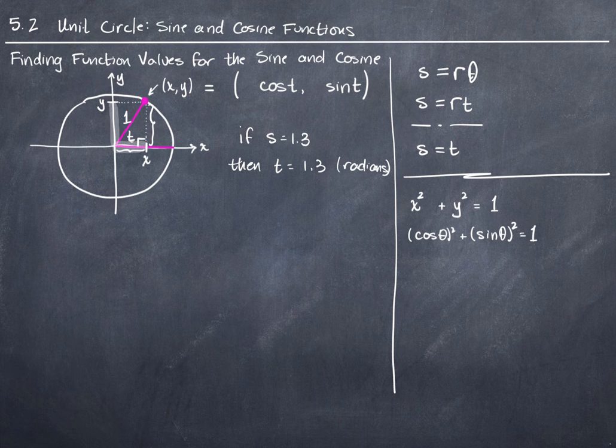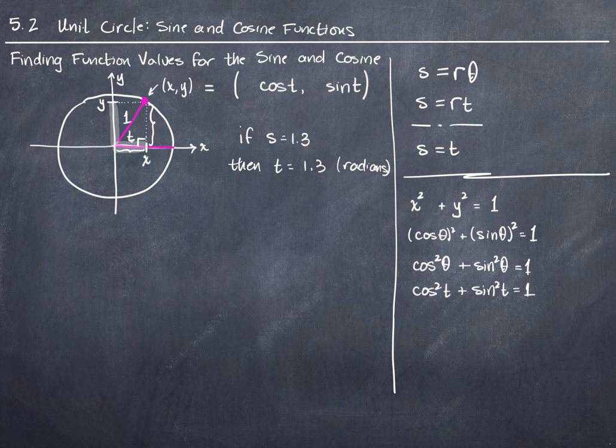We have some notation that we use in trigonometry in order to avoid having to use these parentheses all the time. You'll almost always see this written as, the way this would be read is, cosine squared theta plus sine squared theta equals 1. And of course, that could also be cosine squared of t plus sine squared of t equals 1.